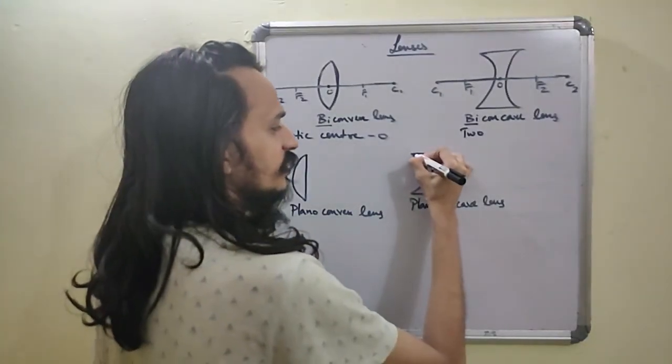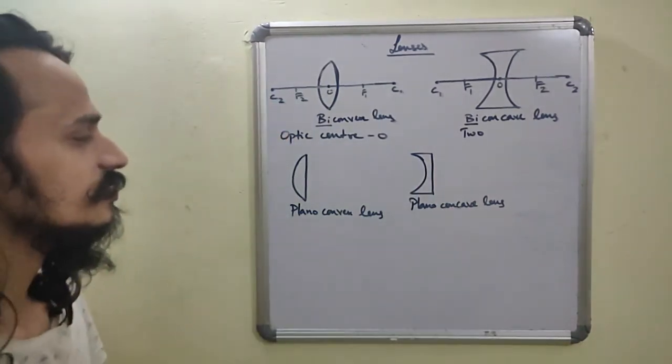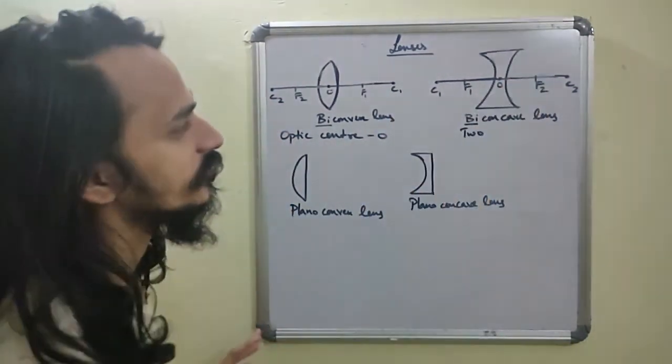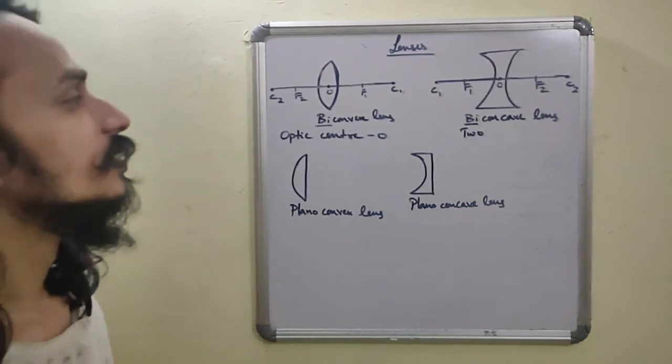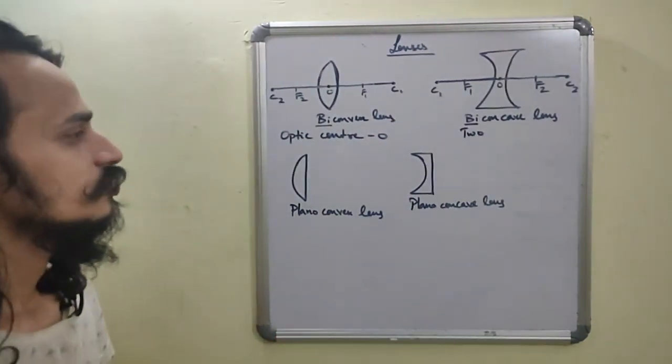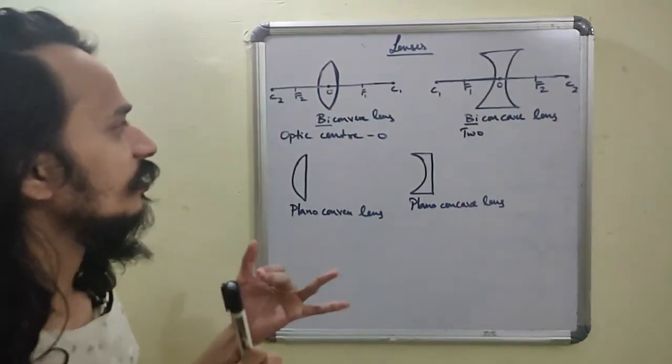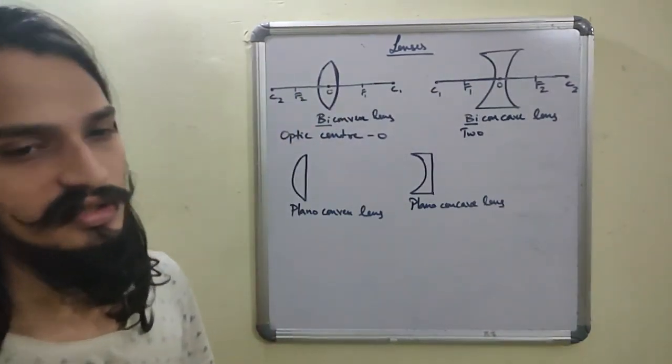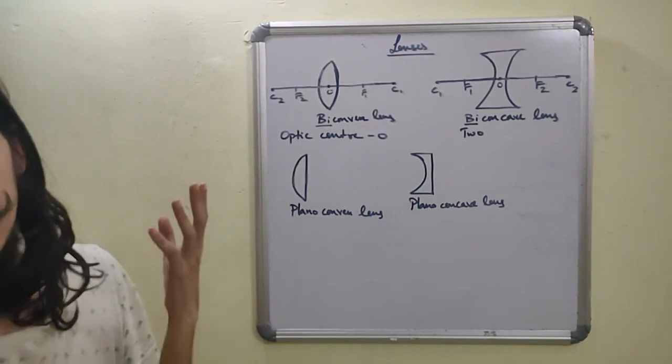We won't be studying these in our syllabus. We'll mostly be looking at these two lenses when it comes to learning about diagrams and different things like that. Alright, so names of lenses and the different parts of a lens, the construction of a lens, just like we saw in the previous chapter.